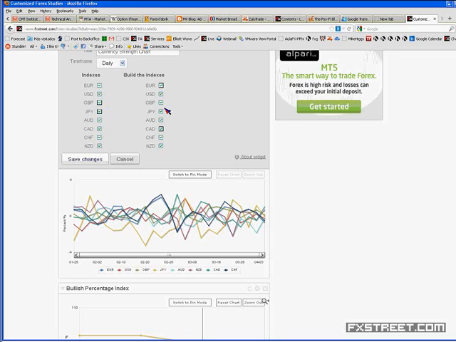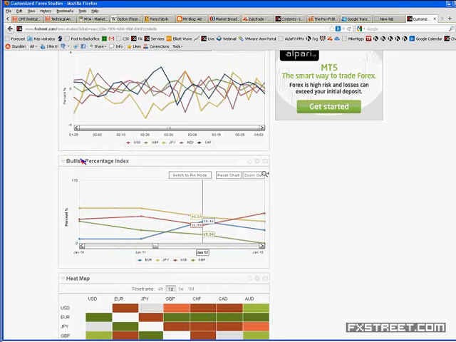So it values one currency against the others, and we are here basically building the index with majors and some minor currencies, but there are no exotics. We are just building with the currencies that you see displayed here, and you can then display the indexes that you want to show.